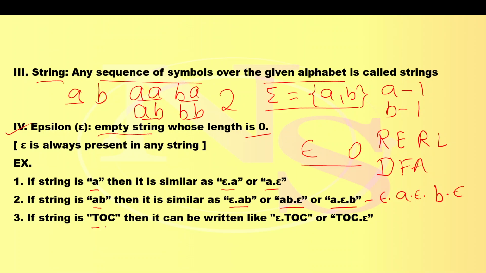Last example, TOC. It can be written like this, or in short, again, if we write the string like this, epsilon is present like this also. So this is the empty string whose length is 0. At this moment, what you need to understand is that there is something called the empty string whose length is 0.